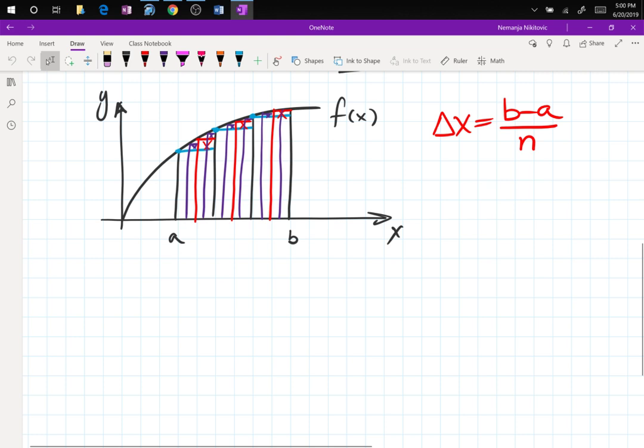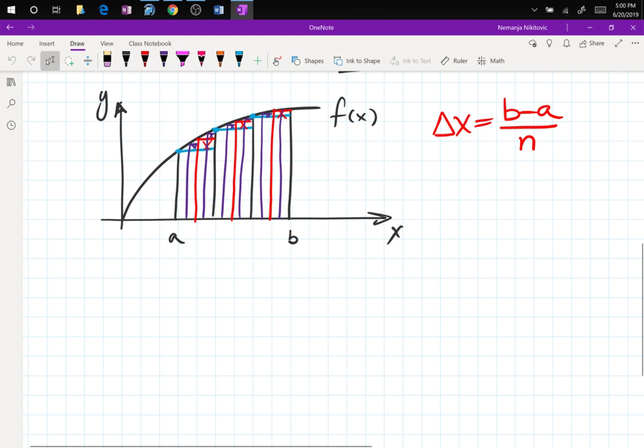And since they have no width, they can't create the width that would create the error. So they all fit under it, and they extend exactly up to the function. And because they have no width, they are infinitely thin, they will cover all of the area, and that has to give the full area.